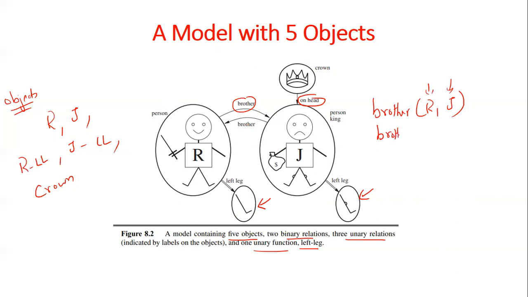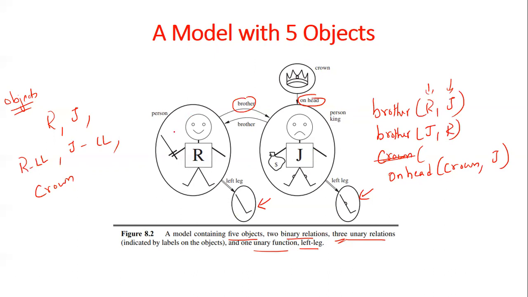Similarly, we can write brother of J comma R. Here also two objects are there, so it is a binary relation. Similarly, when you see on head, crown is on the head of John. So this is also a binary relation. So two binary relations, three unary relations. What are the unary relations?